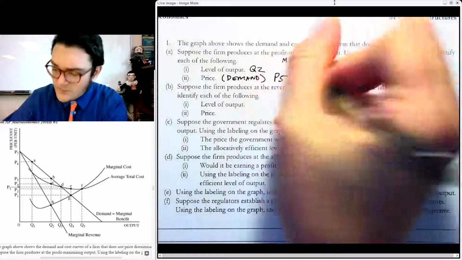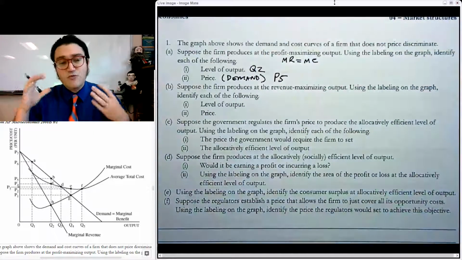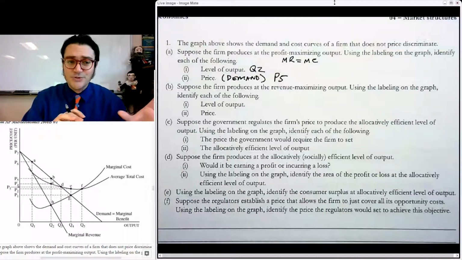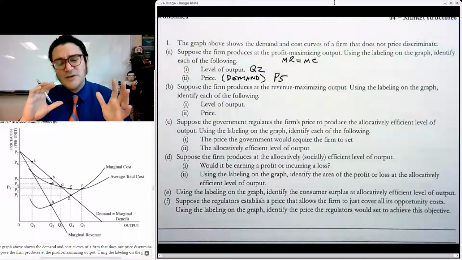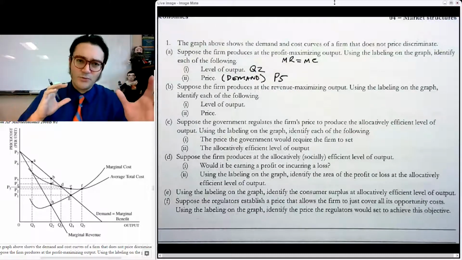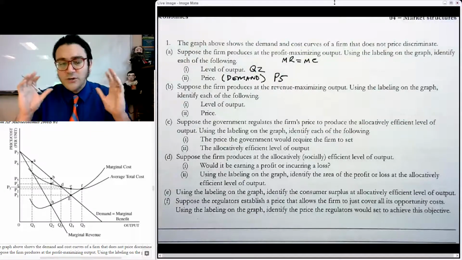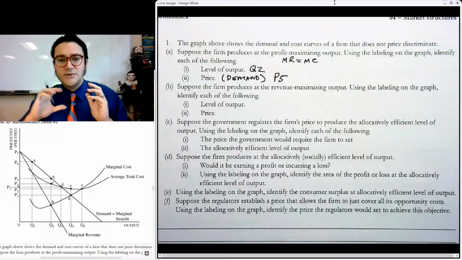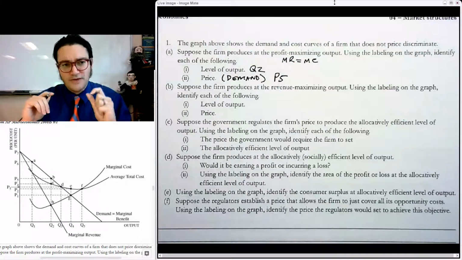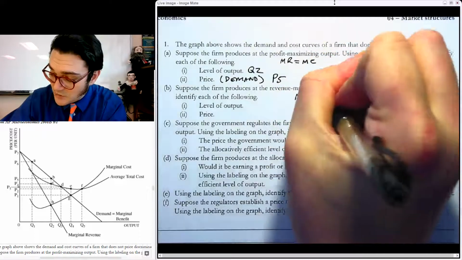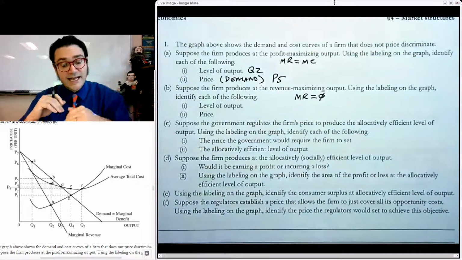Okay. Next, suppose the firm produces at the revenue maximizing output. Now this one you have to think back to a couple of lectures ago, where we looked at the relationship between total revenue, elasticity, the demand curve, and marginal revenue. We did this in the second lecture. And so this is the idea of where marginal revenue equals 0. Revenue maximizing is where marginal revenue is crossing the x-axis.